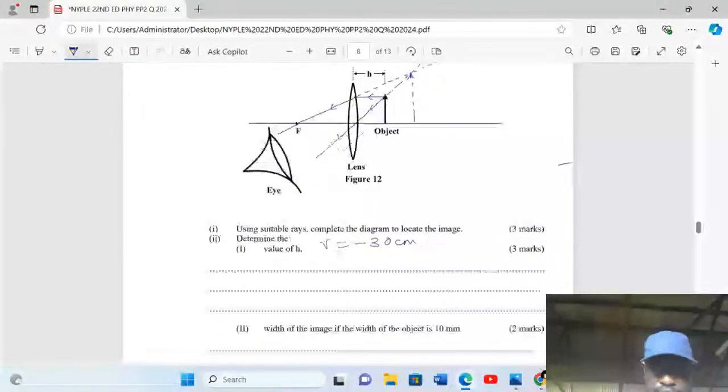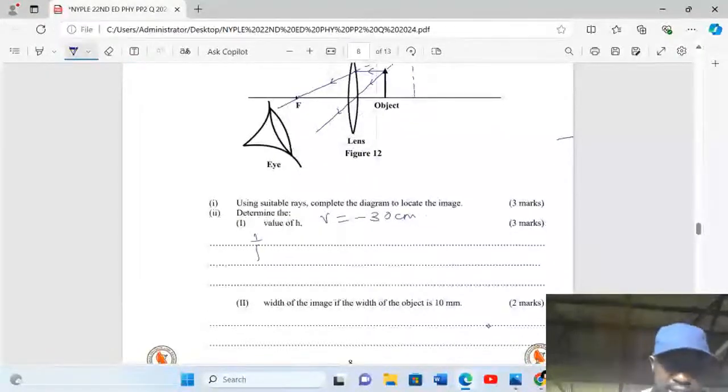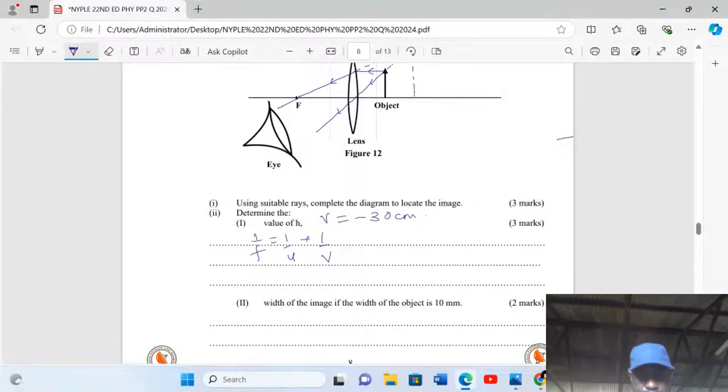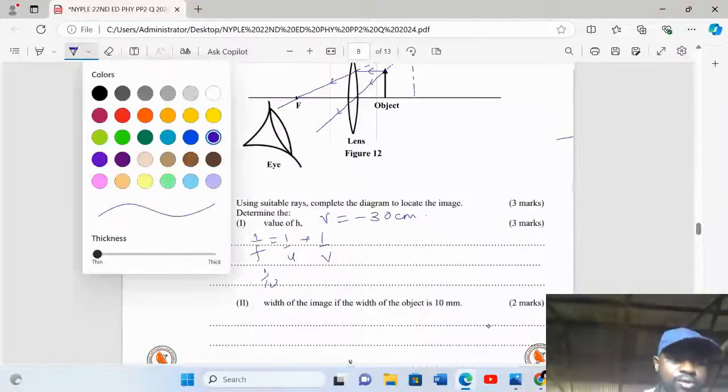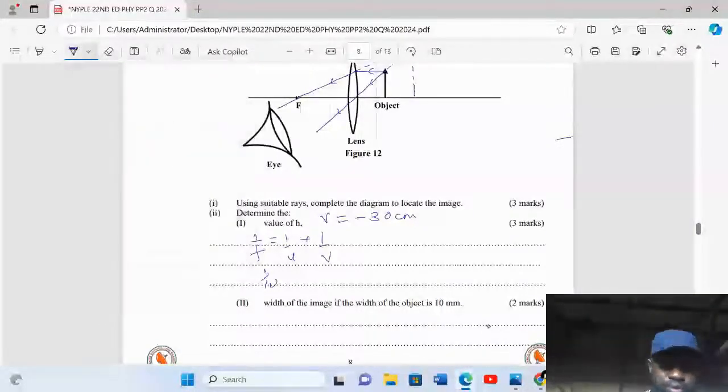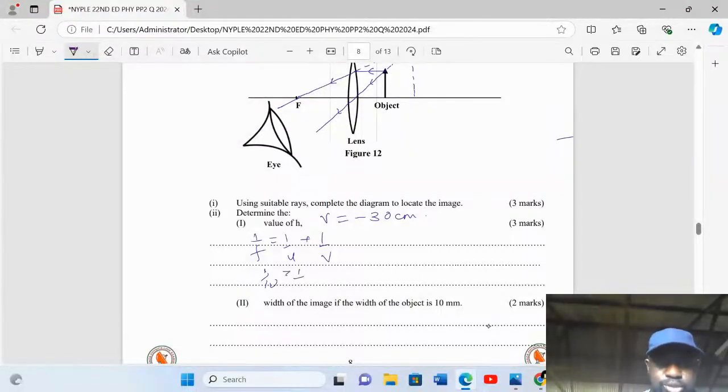Therefore, using the formula 1 over F is equal to 1 over U plus 1 over V, 1 over 10 is equal to 1 over U, which is our H now, plus 1 over negative 30.